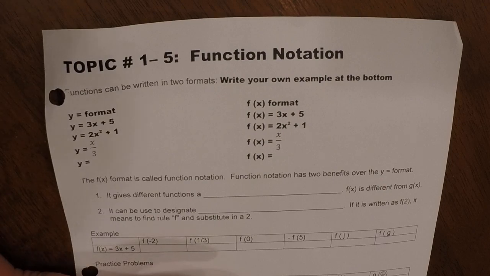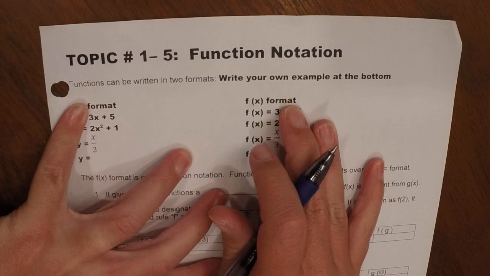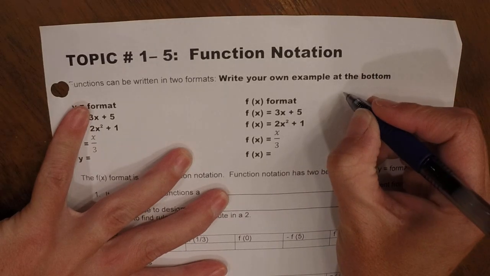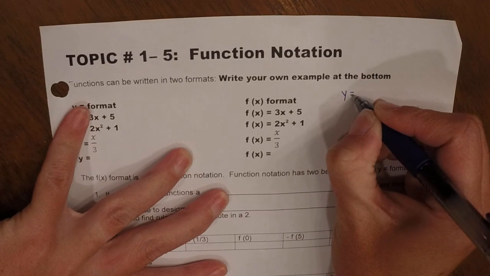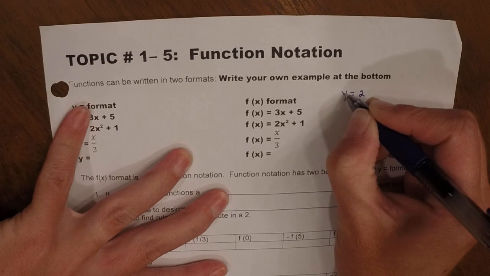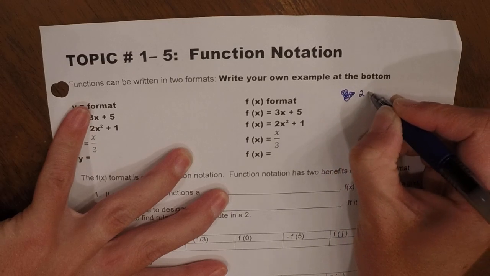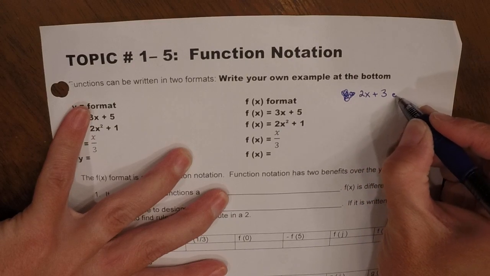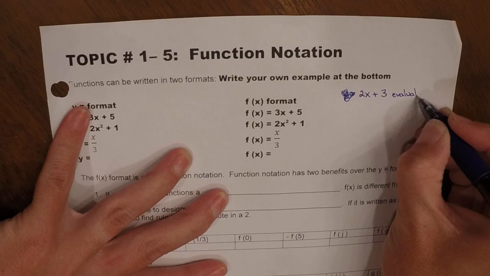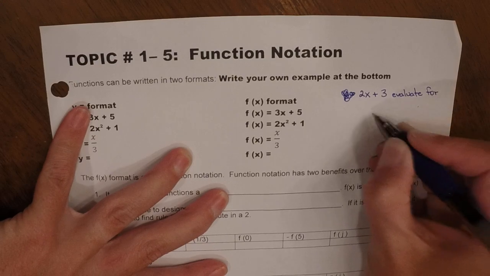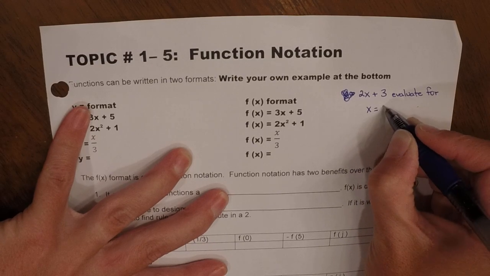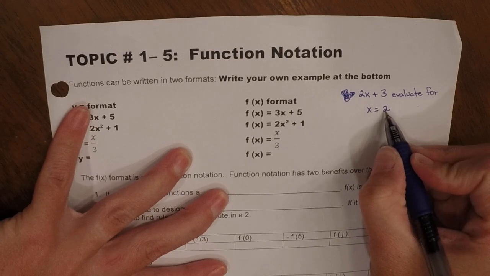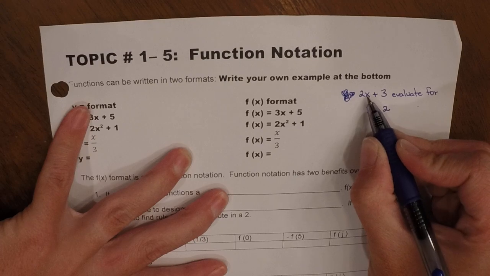In our warm-up problems, or even previously, you've learned that if you were given a function, let's say, well, let's not even do y equals. If I said 2x plus 3, and I said evaluate for x equals 2, then all of you know that you would take 2 and substitute it in for x.